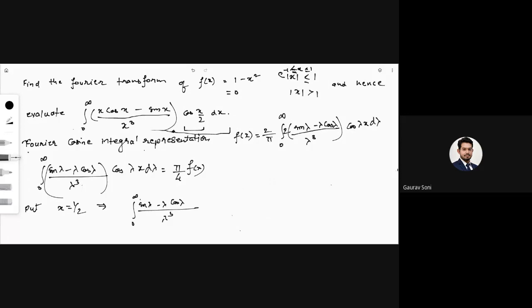When you put x is equal to half, this will become cos lambda by 2, d lambda, and the right hand side is pi by 4 f of half. But what is f of half? 1 minus 1 by 4.